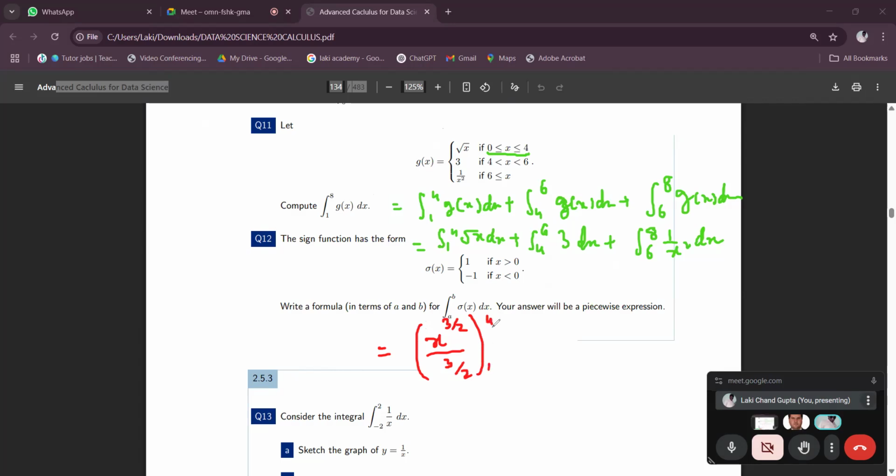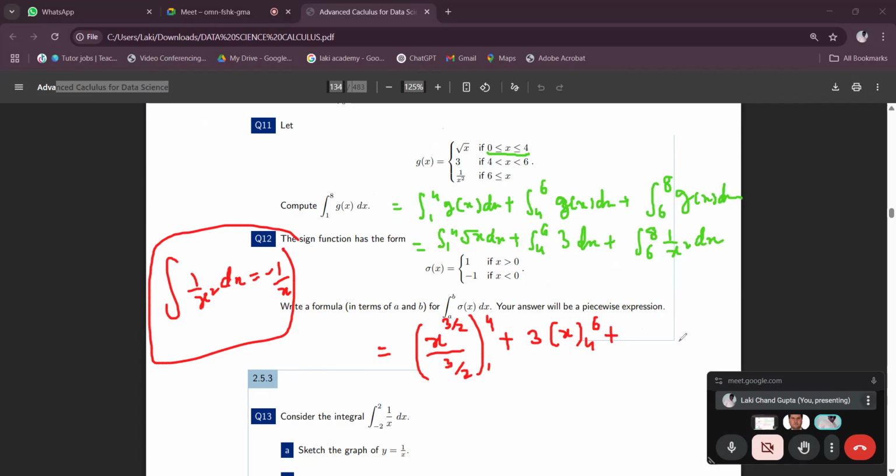Integration of 3 is what? 3x. Integration of 1 upon x square is what? Minus 1 over x.